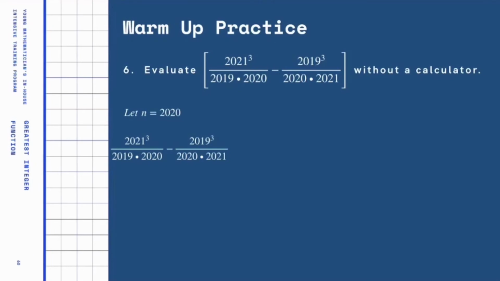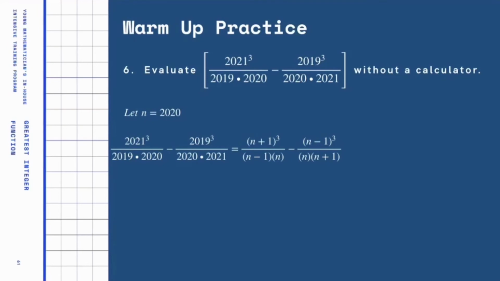So substituting n equals 2020, 2021 is just n plus 1, 2020 is n, and 2019 is n minus 1. Now we have n plus 1 cubed all over n minus 1 times n, minus n minus 1 cubed all over n times n plus 1.